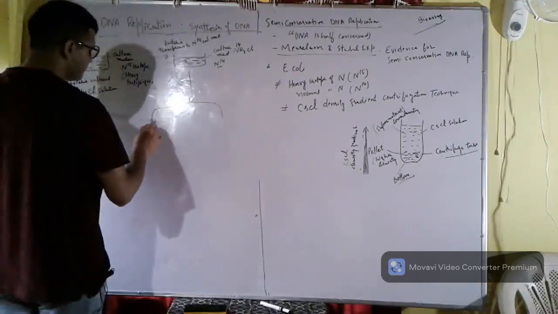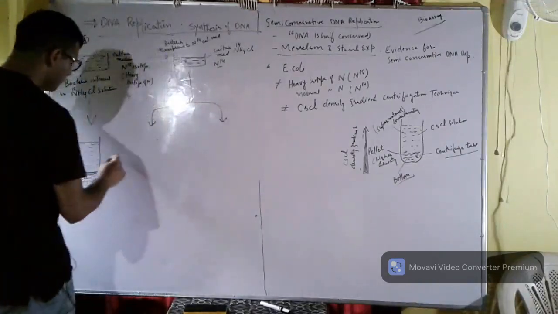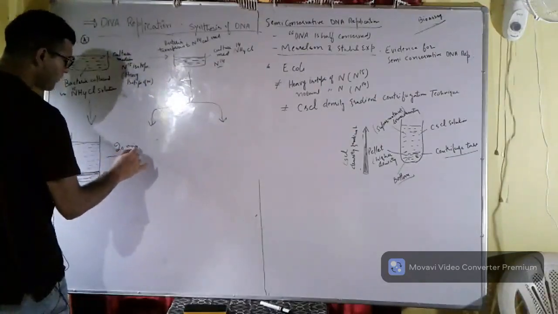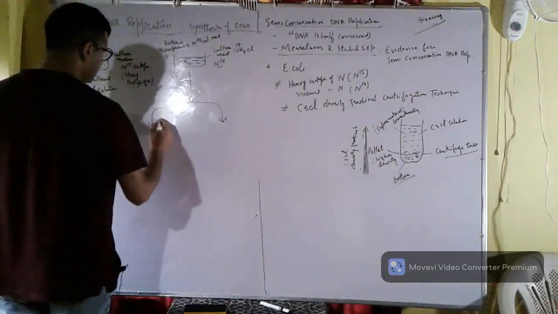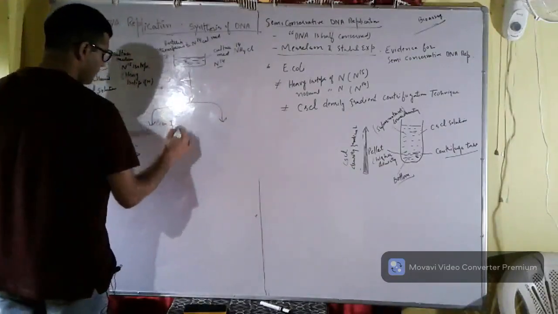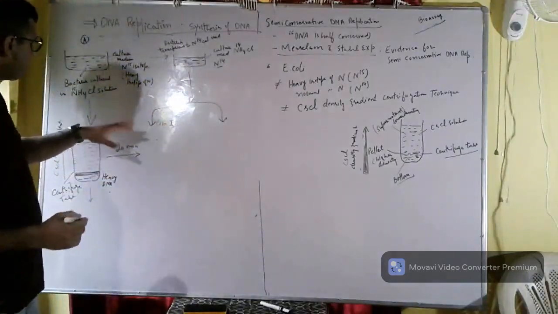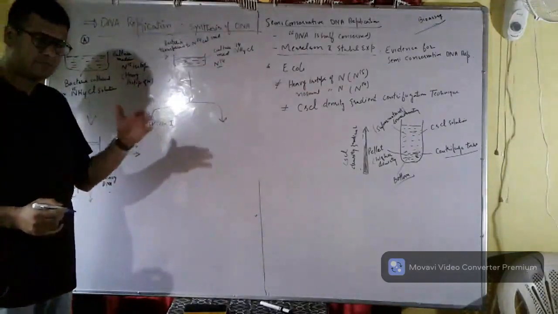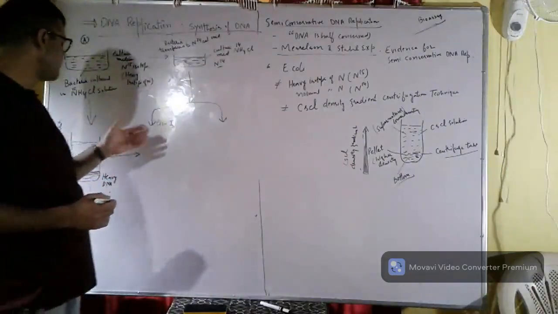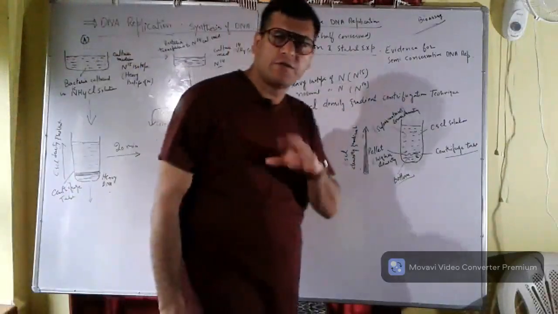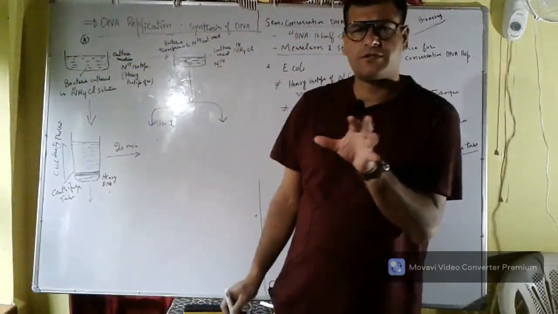This is 20 minutes. This is generation first. These bacteria were transferred to N14 culture medium. Agreed? And then after 20 minutes, they got the first generation of the bacteria.